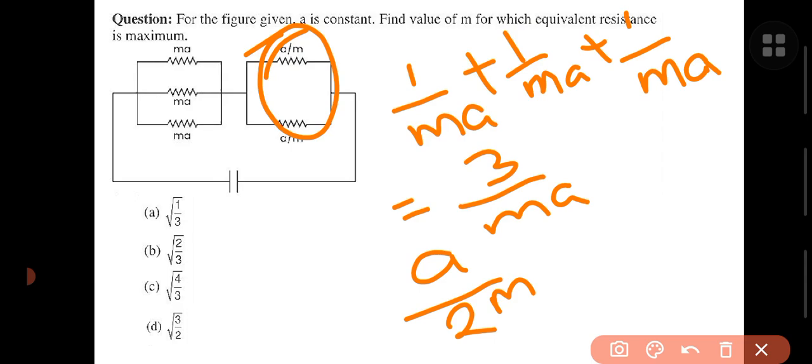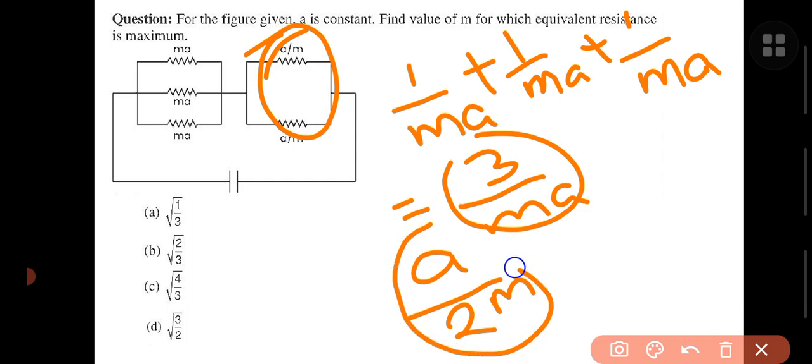And these two are in series, so we can sum them up to find the total equivalent resistance.